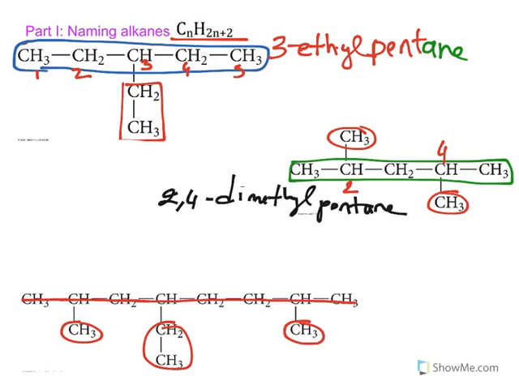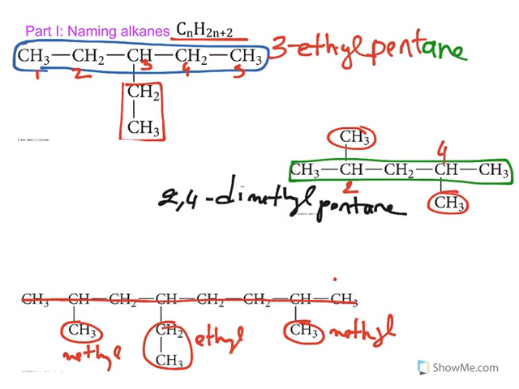Now, if in this case we have different substituents, we should list them in alphabetical order using the base name. This substituent starts with M, it's methyl. This substituent starts with E, it's ethyl. And this one is methyl.